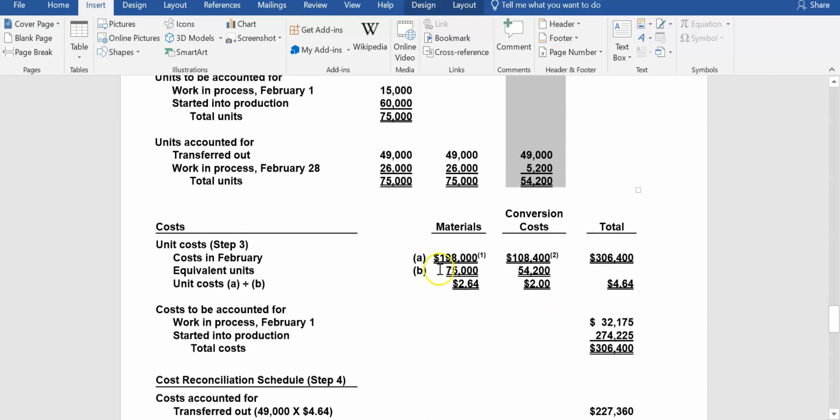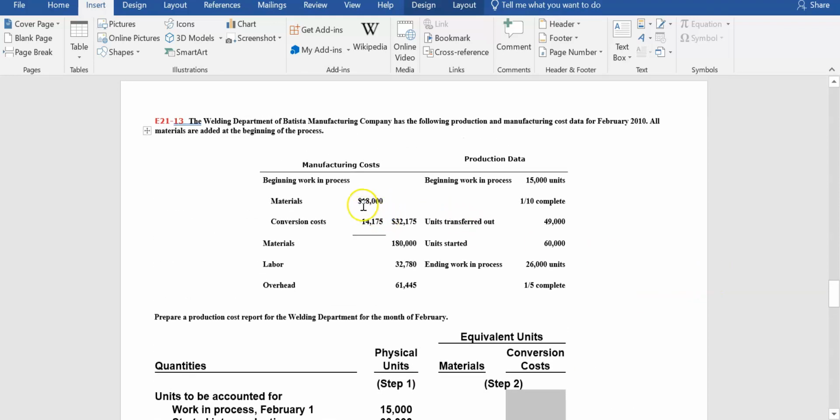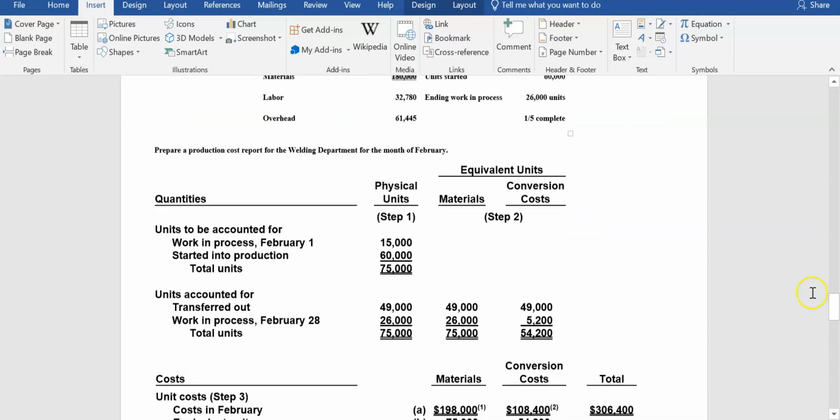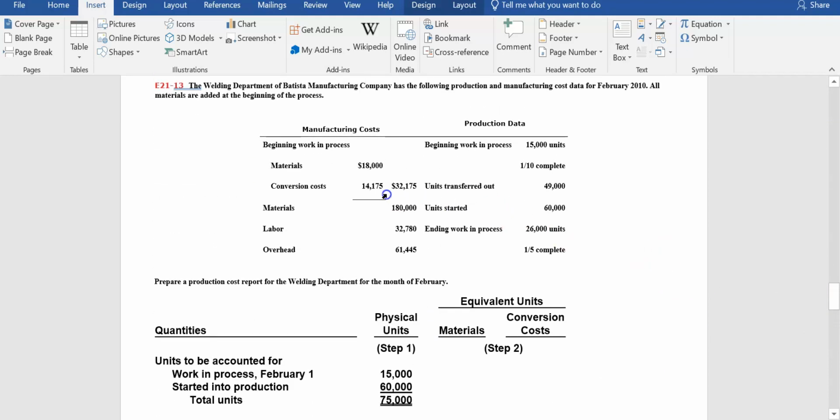Let's add up our cost. The total cost that we had in work in process during the month consists of the beginning inventory cost plus what we added. Materials, we had $18,000 of material cost already in work in process. We added another $180 more during the month. Total material cost of $198. Conversion cost.